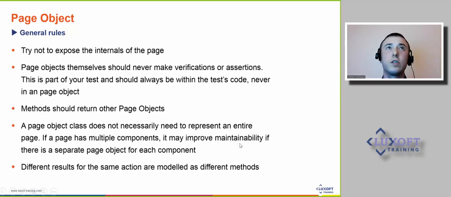Different results for the same actions are modeled as different methods. For example, if we have a login method and we suppose that we should log in, we do not test login in this method; we will test, for example, the home page. On the other hand, we will have test methods that need to test login itself.